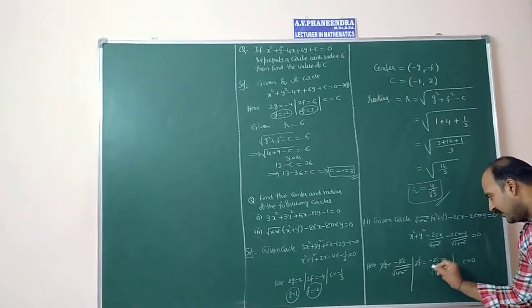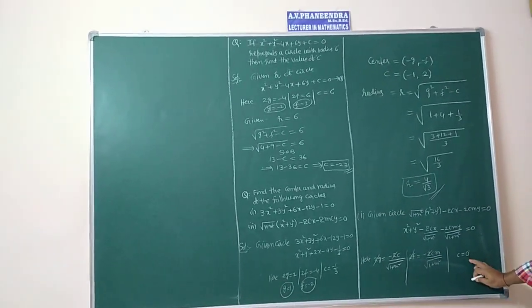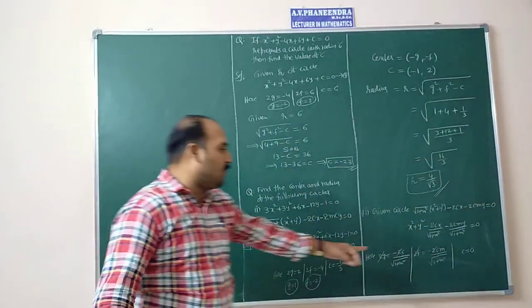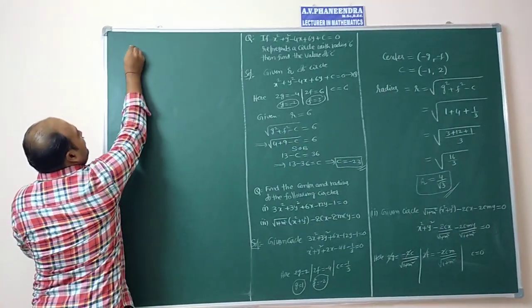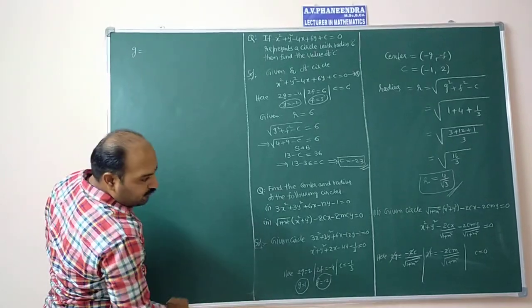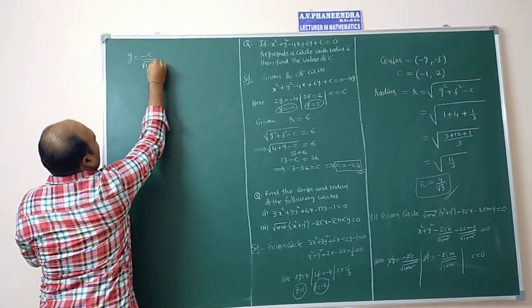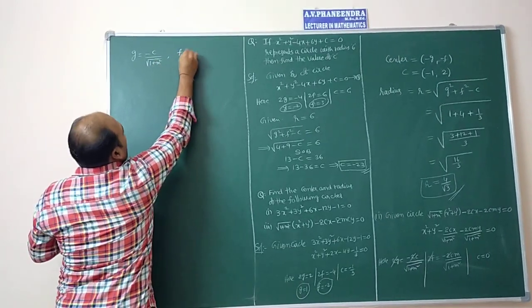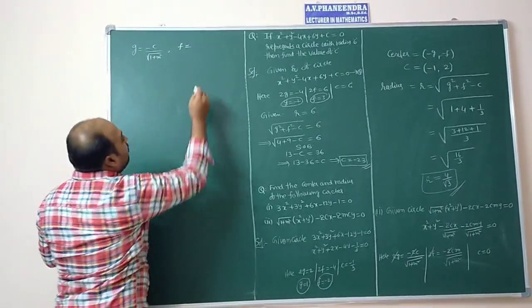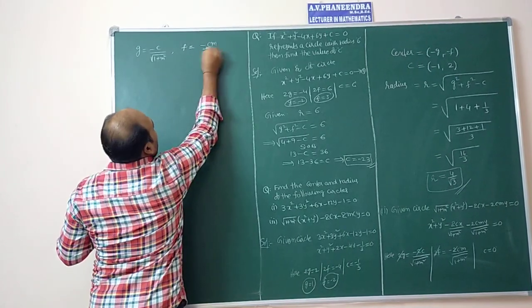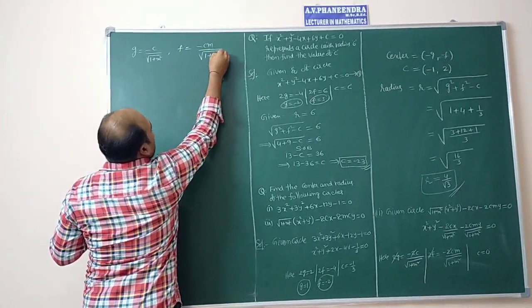Here also the 2 gets cancelled, the c value is 0. Now the g value becomes g = −c/√(1 + m²), and f = −cm/√(1 + m²).